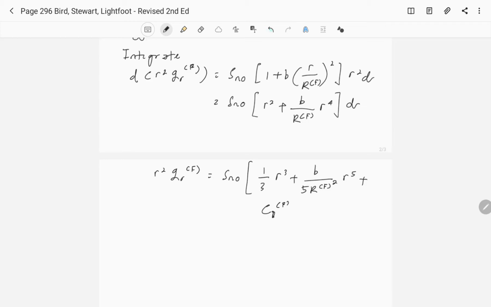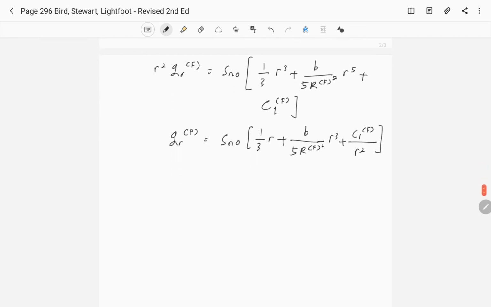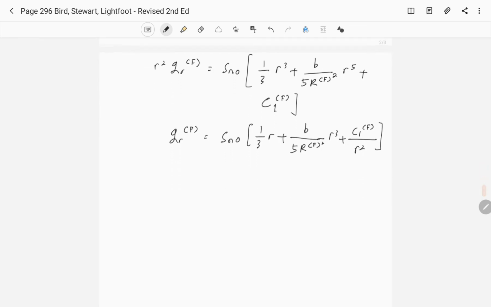This C1f in here refers to the first constant for the cladding, for the fissionable element, the inner sphere. Then your q_rf will be equal to S_n naught (1/3 r plus b divided by 5 r_f squared r raised to 3) plus C1f divided by r squared. Likewise, you can do the same for the aluminum cladding.